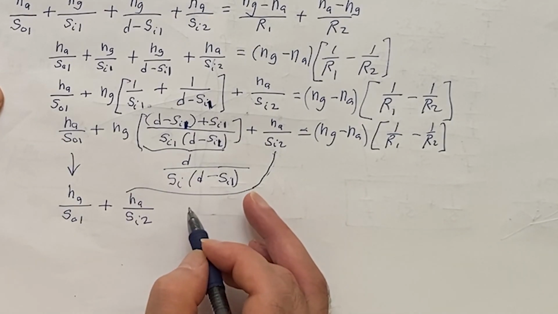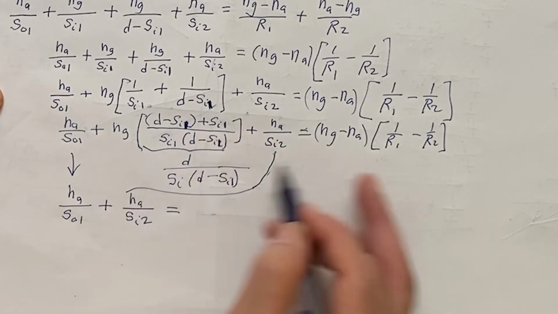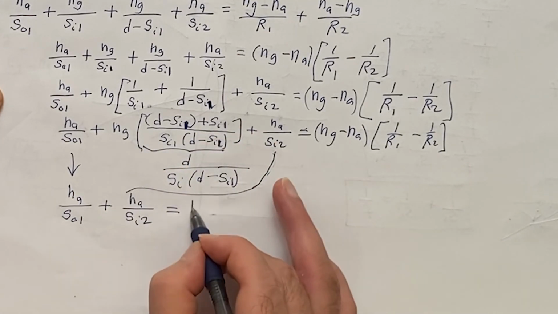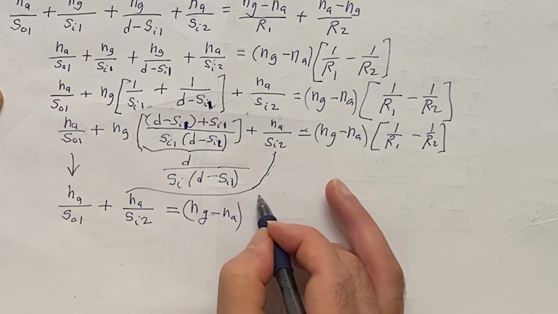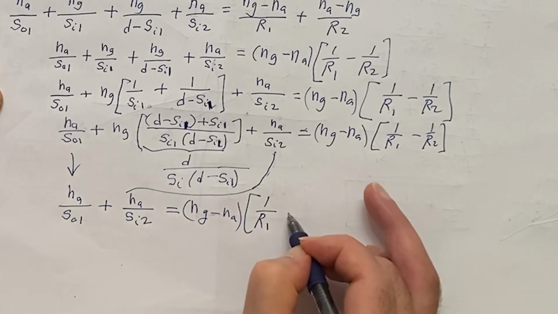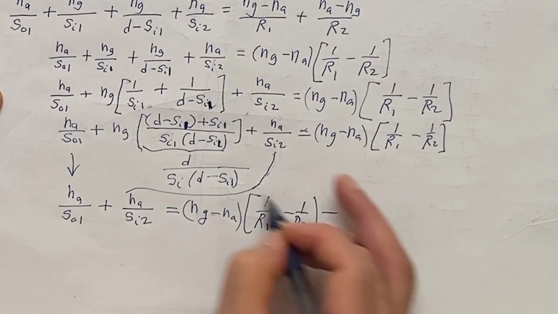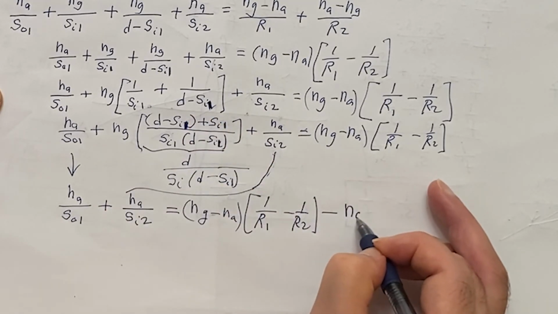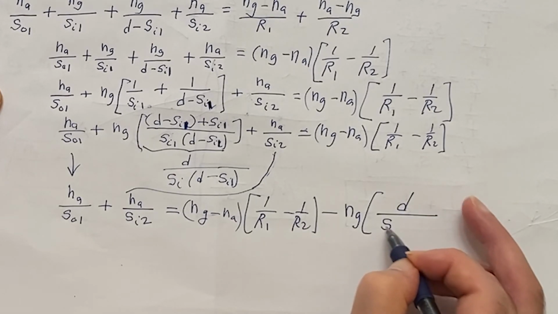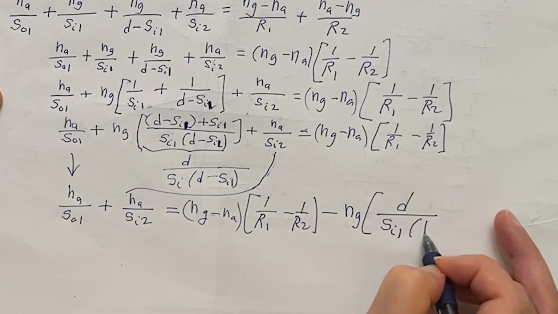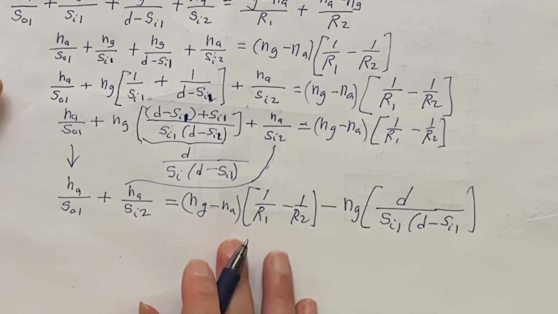And then I'm going to go to the right hand side and subtract all this. So on the right hand side, I'm going to have this from before, and I'm going to subtract this, the NG times the D over the SI1, D minus SI1. Okay, that looks good.